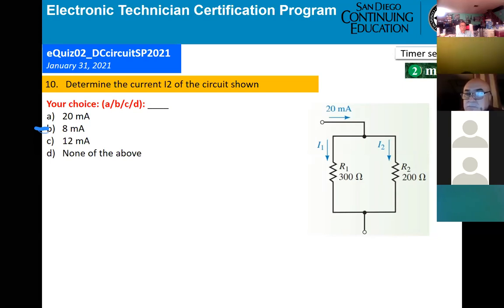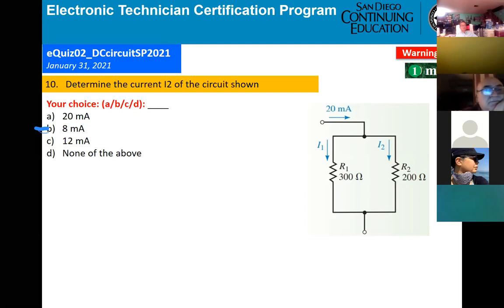Number 10 is a giveaway. Is that the answer?